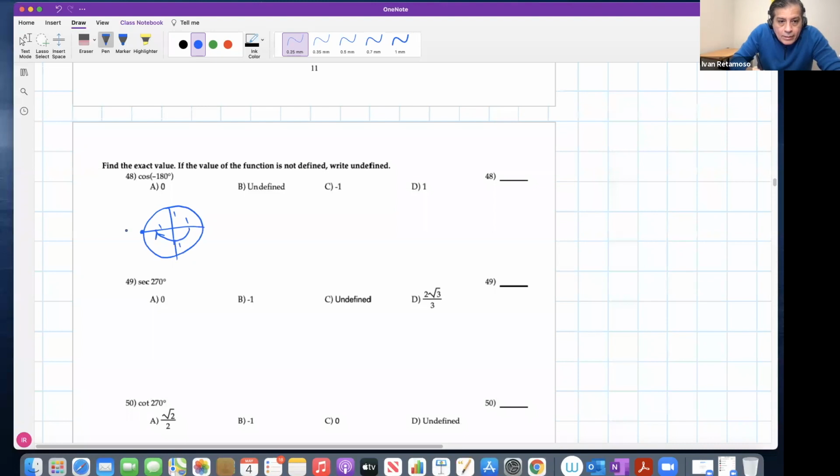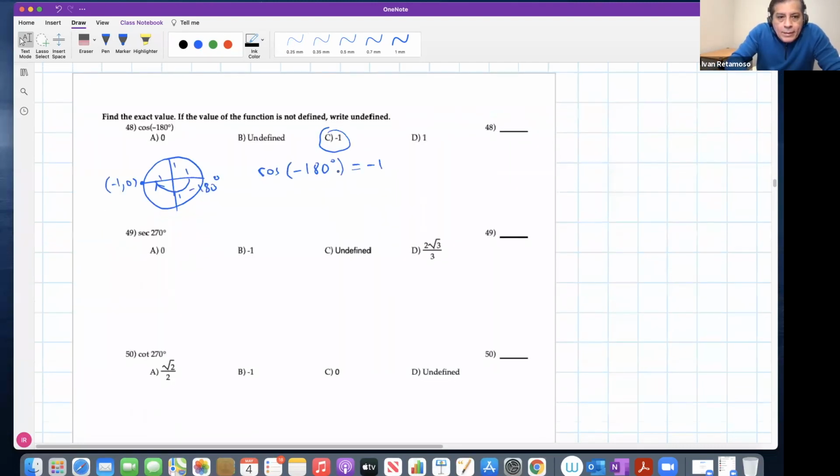Knowing that this is 1,0, this is negative 1,0. So this is telling me that the cosine of negative 180 degrees must be the x coordinate of this point, right? So it must be negative 1, right? Follow, guys? 48, that's it.